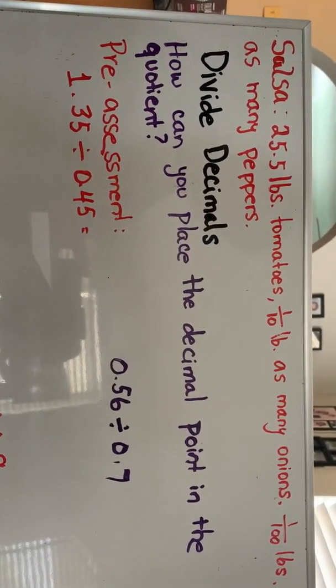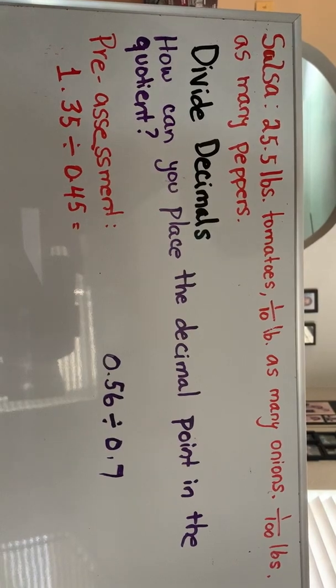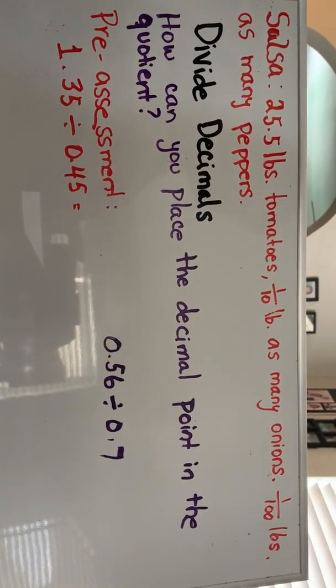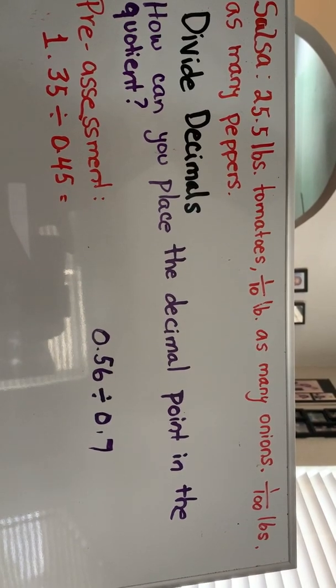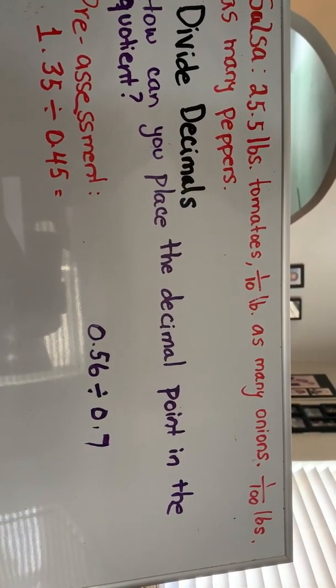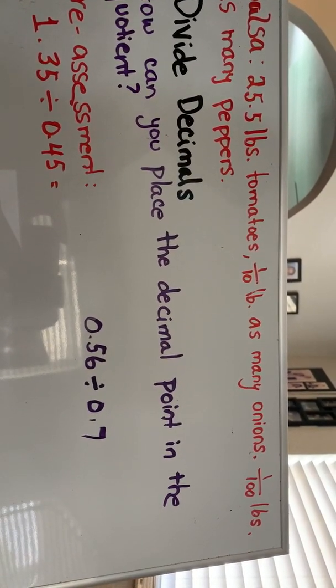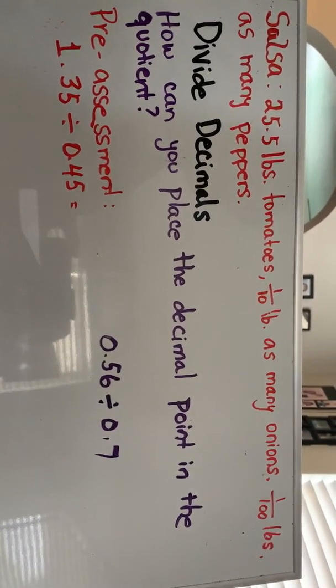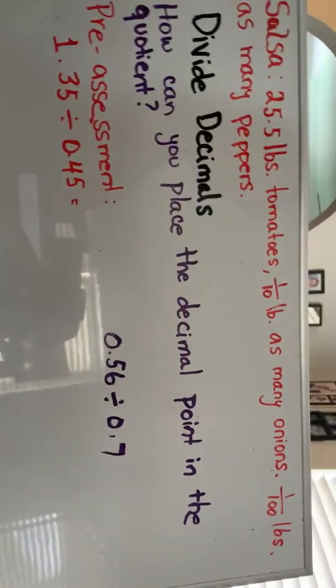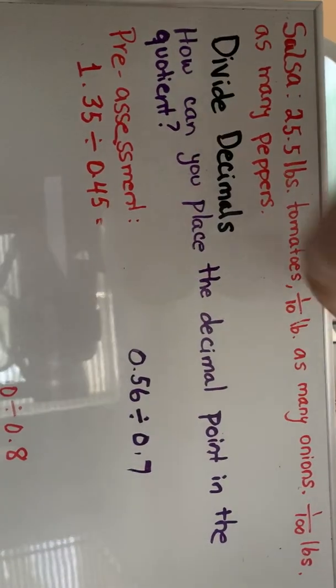If I say I have 25.5 pounds of tomatoes and 1/10 of those as many onions and 1/100 of the pounds as many peppers, then you're dividing by powers of 10. So this is what you're going to be finding out.